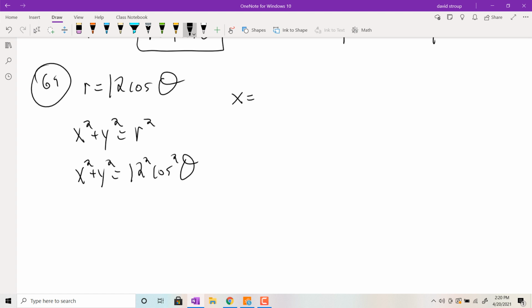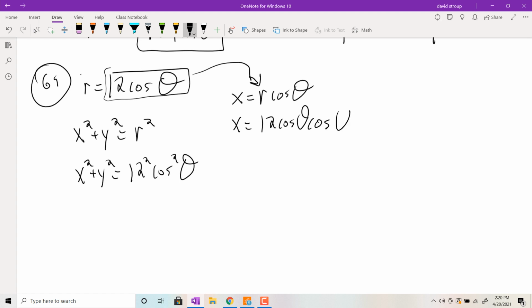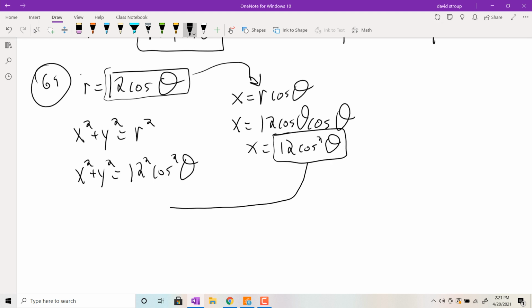So x is equal to r cosine theta. In particular, if you were to substitute in this value for r into here, what do you get? You get x equals 12 cosine theta times cosine theta, so x is equal to 12 cosine squared theta. This 12 cosine squared theta is actually sitting right here.